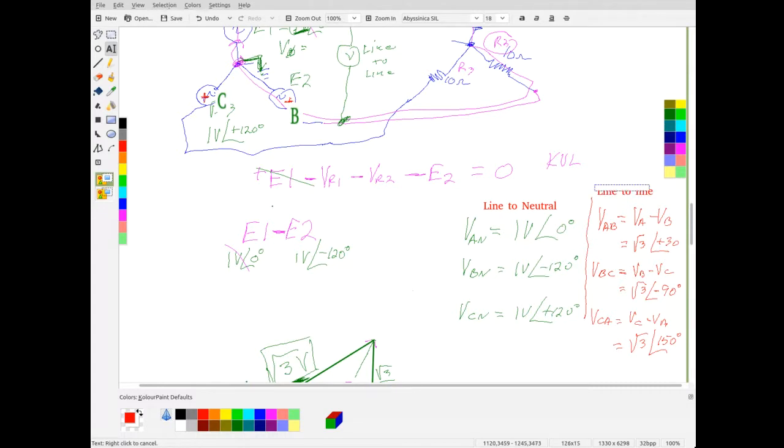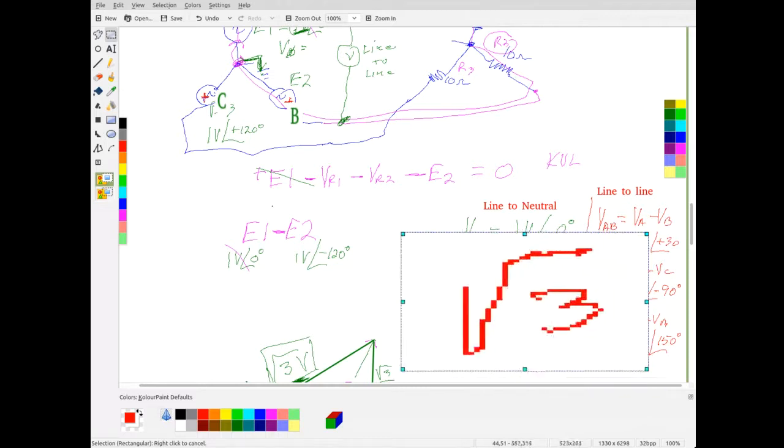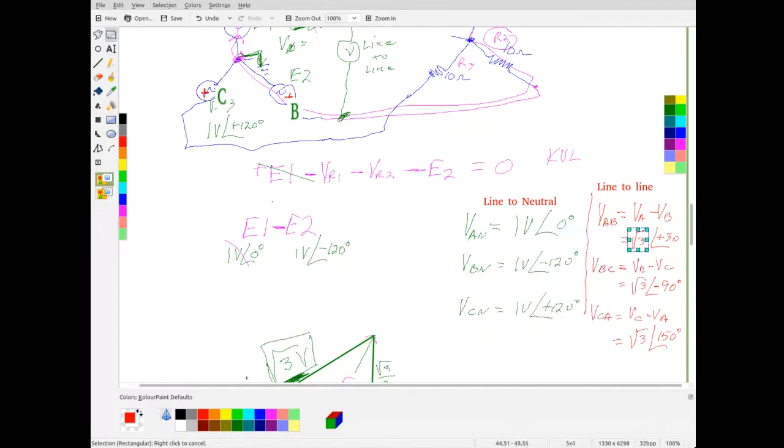So the line to line voltage is going to be larger than line to neutral voltages by this square root of 3 value. And they're going to be ahead of those by 30 degrees, so there's going to be a 30 degree phase shift.